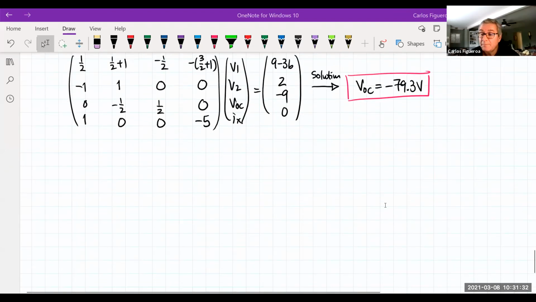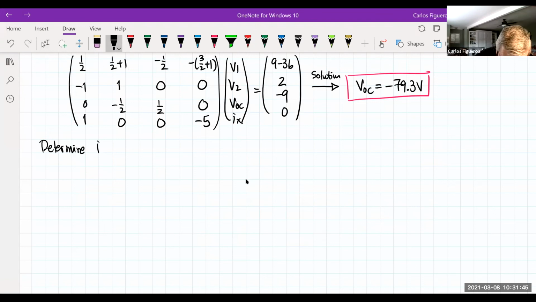So now my job here is to go calculate, where's my mouse at? Damn it. It's somewhere. Here it is. So now I want to go determine I short circuit.